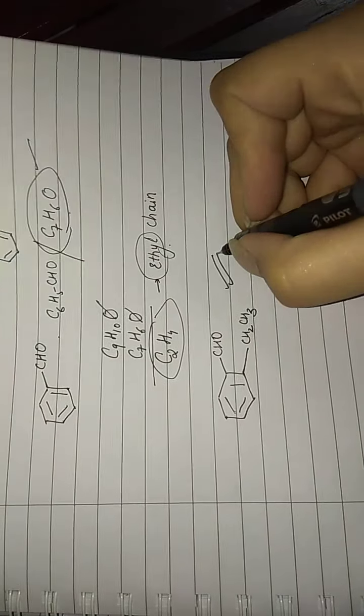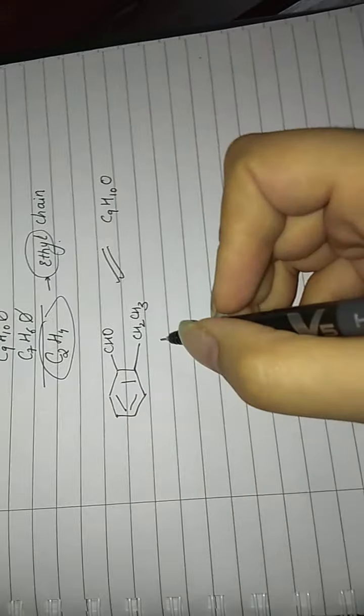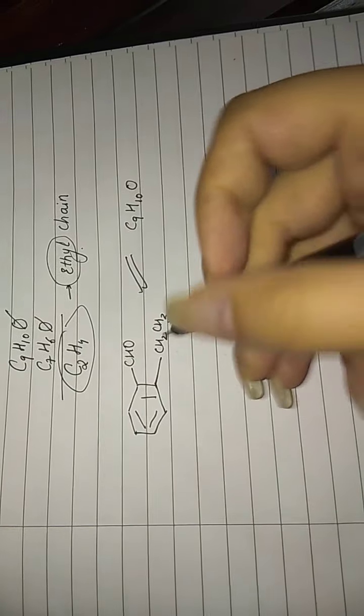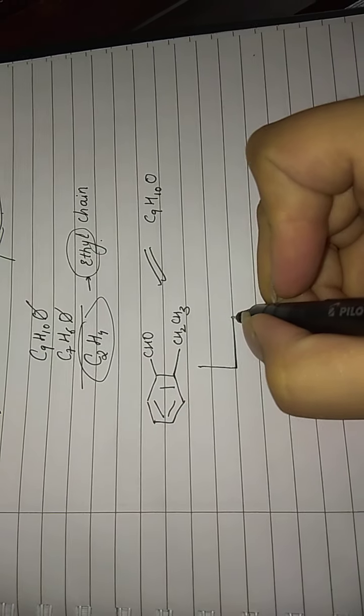C9H10O. Now I need to write all the reactions associated with this compound. My first reaction is the 2,4-DNP test. How do we carry out the 2,4-DNP test?